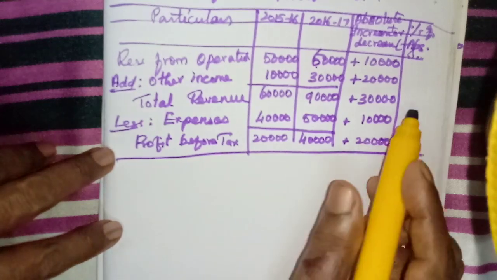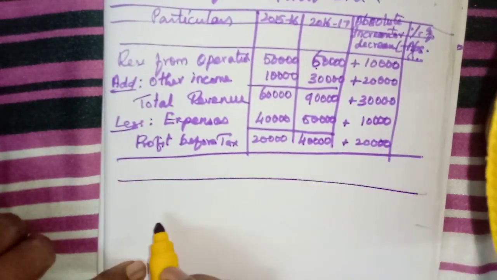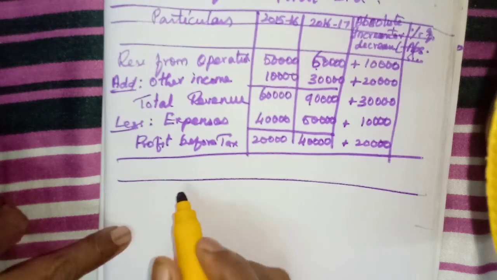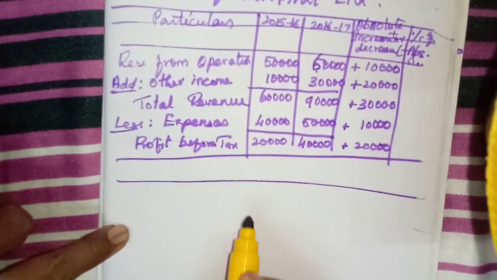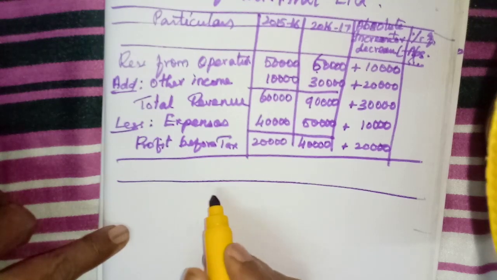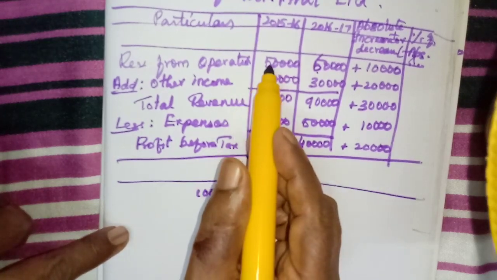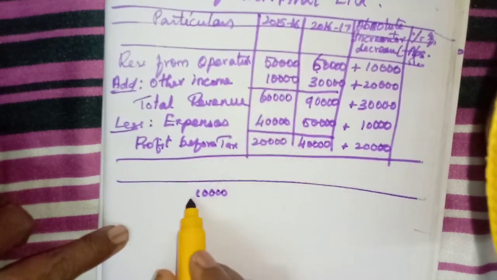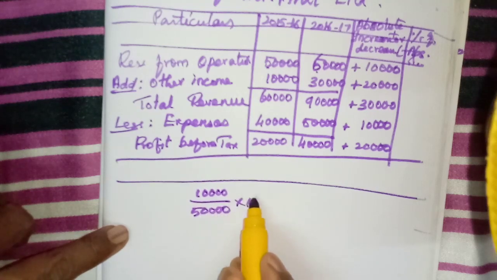To calculate the percentage, you should be very careful. Formula: increase amount. You write at the top 10,000, divided by the first year's 50,000, into 100.